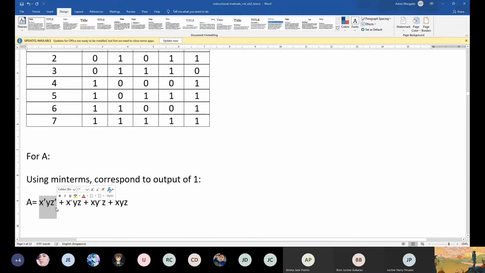X prime y z prime is one term, then the second term, third term, and fourth term. If we count the number of literals, 1, 2, 3, 4, 5, 6, 7, 8, 9, 10, 11, 12. So all in all, we have 4 terms, 12 literals.